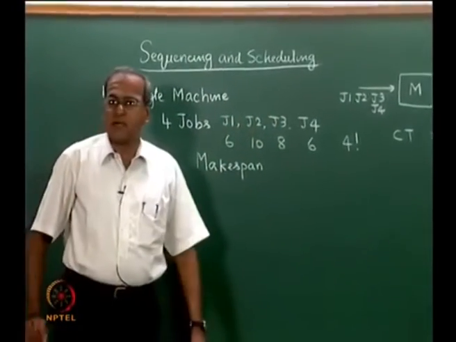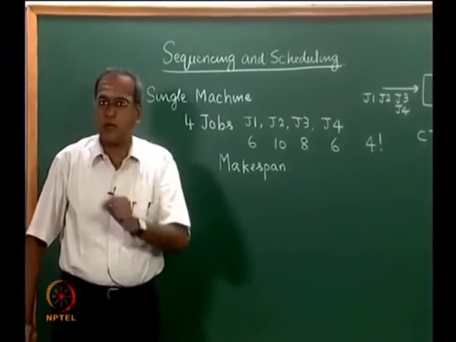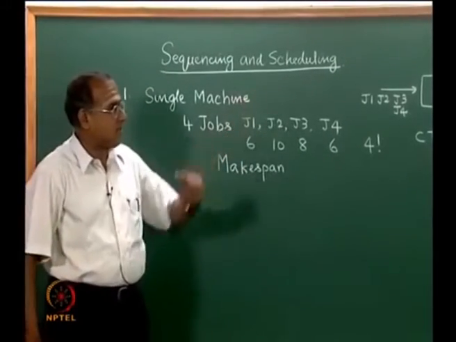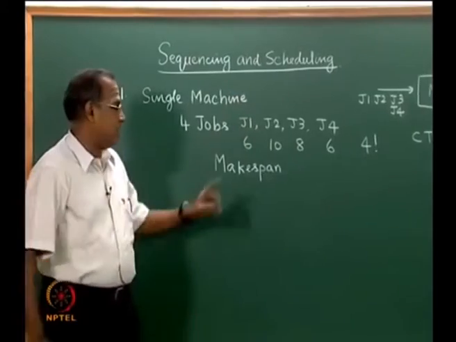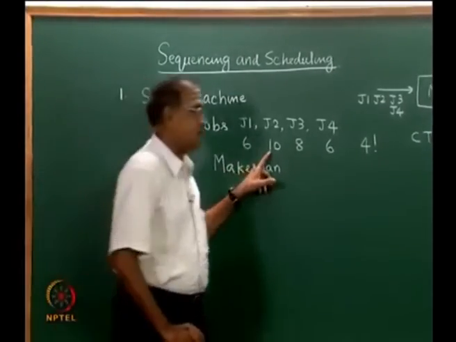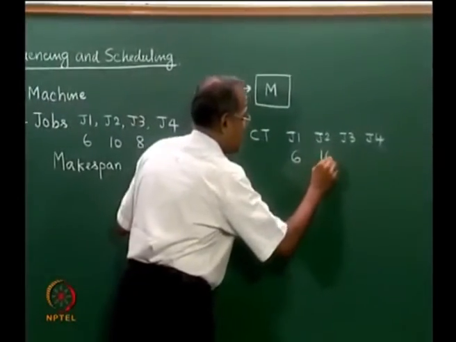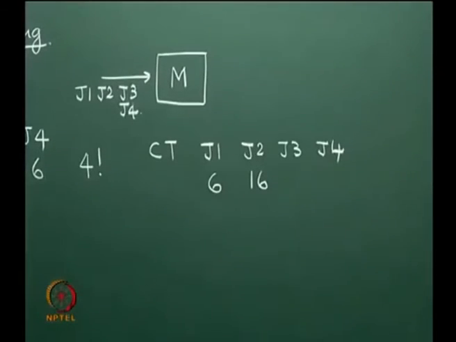One of the assumptions is that the machine can process only one job at a time. So, the machine becomes available at time equal to 6 and then J2 goes and comes out at 6 plus 10 equal to 16 time units.